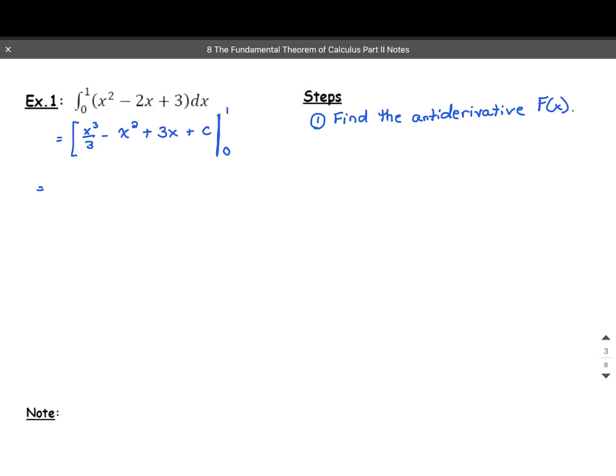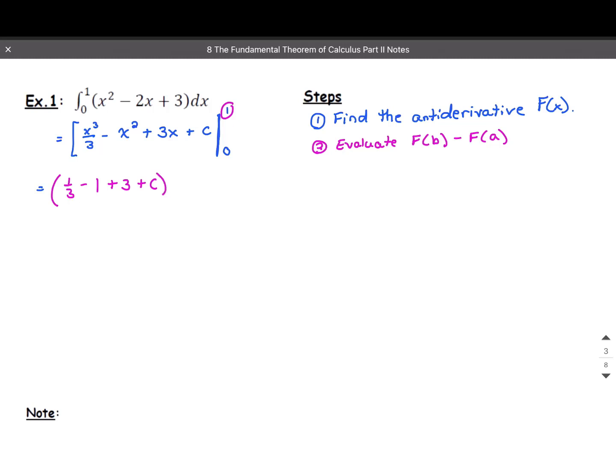Now here's step 2. Step 2 is we evaluate the antiderivative at the upper limit minus the antiderivative at the lower limit. So we're going to take 1 first. 1 cubed over 3 minus 1 squared is 1, plus 3 times 1 is 3, plus c.